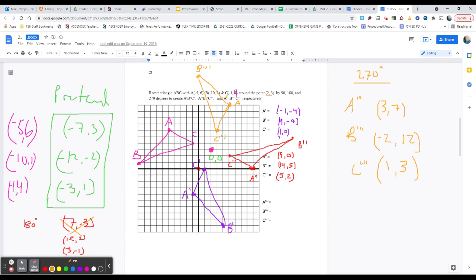Lastly, on our triangle that was rotated 270, our point A is going to be 5, 10. Point B, so we're -2. So point B, the x value is going to be 1, and we go up by 12 from here. So this is at 6. So up by 12 should be 18.